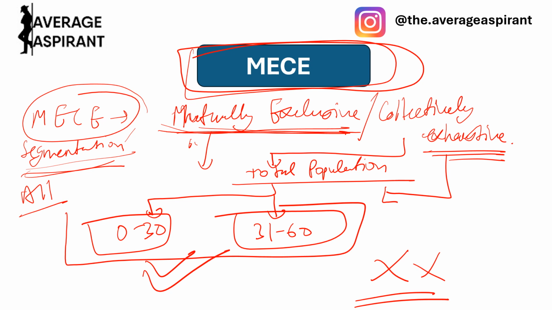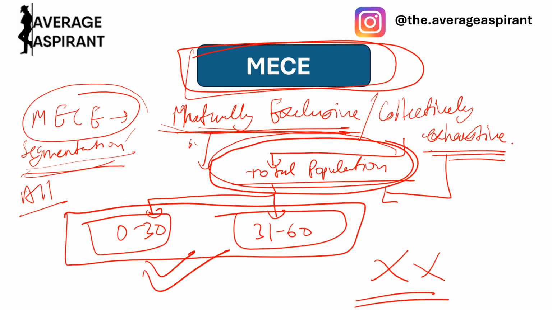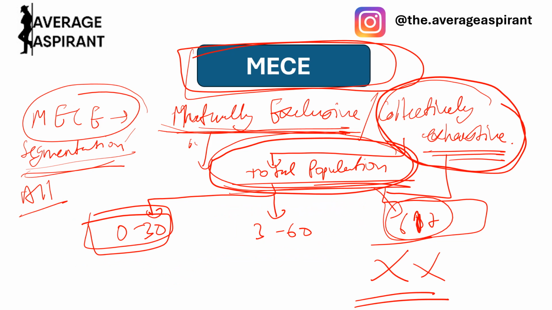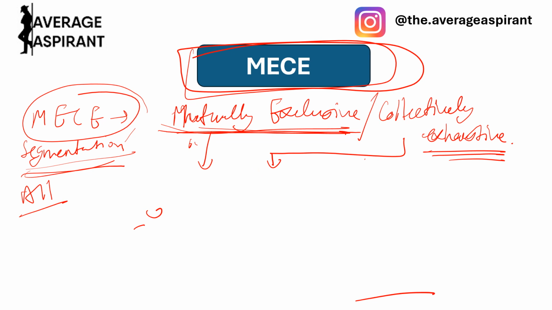That all the segments, when combined, should make the total, right? So there will be people who will be 60 plus as well, 61 plus. Where are those? No. So any segment that you make, all these segments should add up to the total. This is what is meant by collectively exhaustive. I'm sorry for the handwriting and all the mess that I'm making, but I hope you are able to understand this.